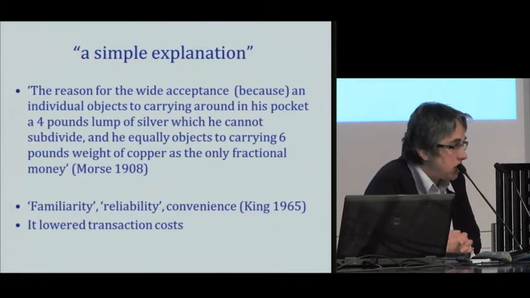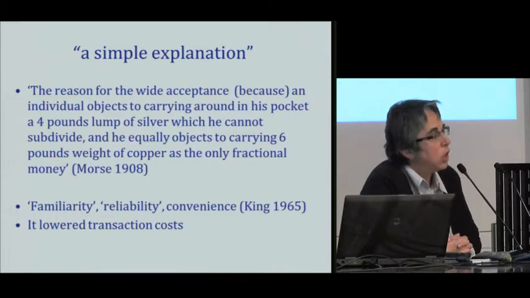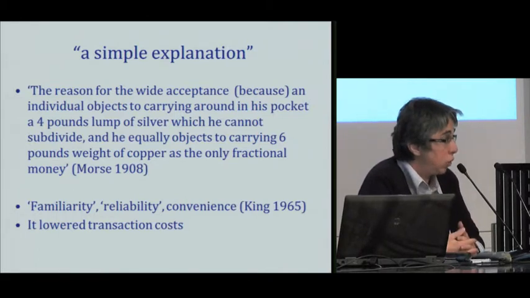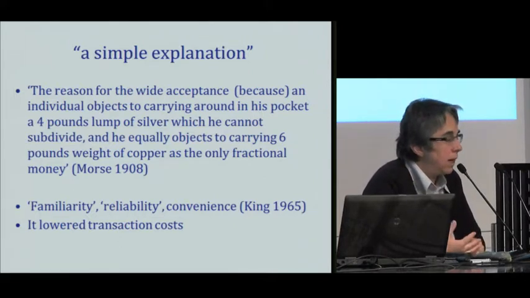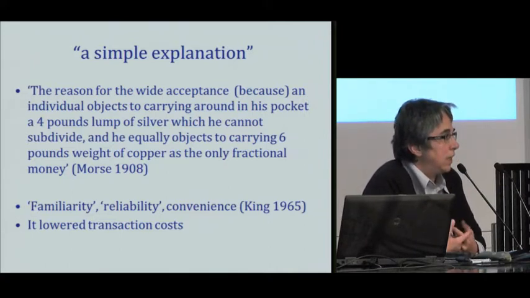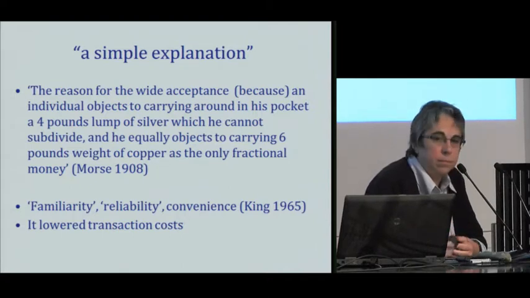This coin, made of Spanish American silver, shipped on either British, Dutch, Portuguese, or mainly North American ships to China, became familiar, reliable, and very convenient for the Chinese, because it lowered transaction costs.